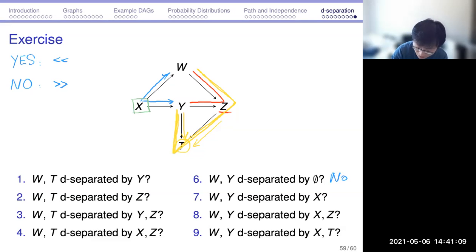It doesn't have to be a direct collider between Y and W directly. You can have a longer path resulting in a collider. If that happens, then this path is blocked as long as you don't condition on the collider.